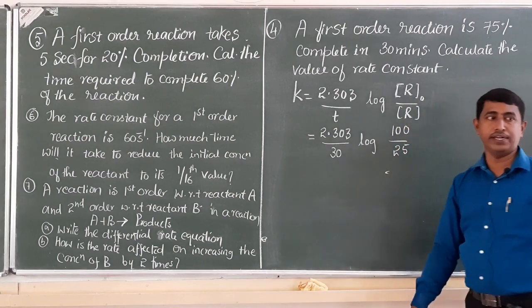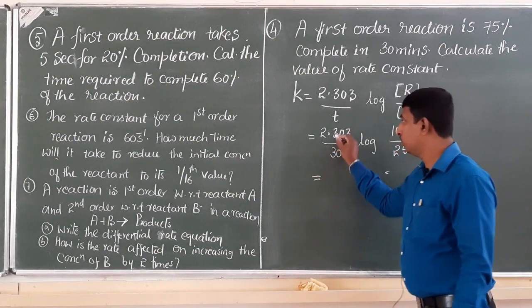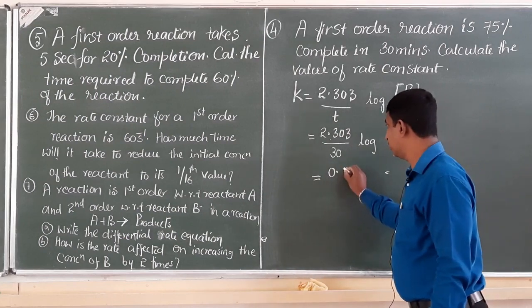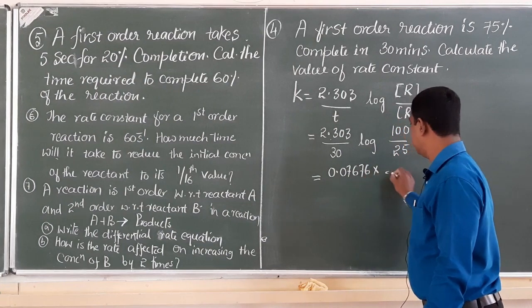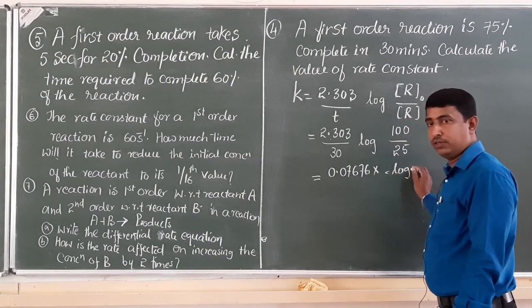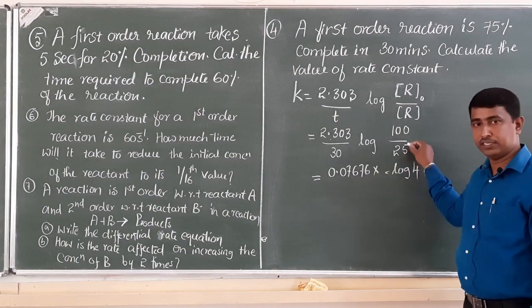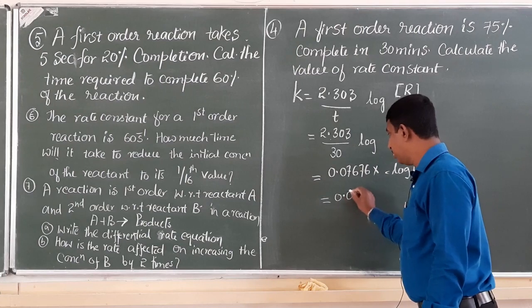So it is 100 by 25, which is log 4. So 2.303 by 30 is 0.07676 into log 4.